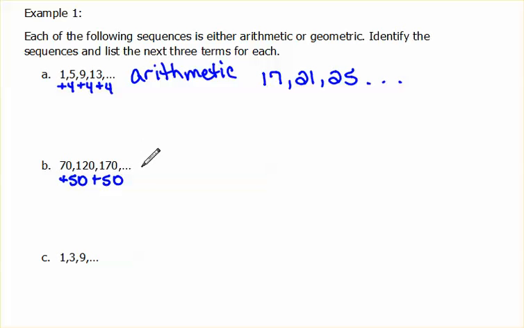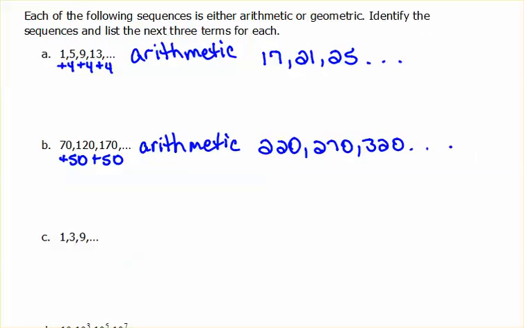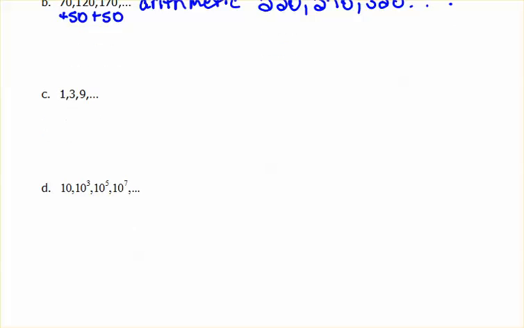So that makes this an arithmetic sequence. And if we were to keep adding 50, that would make our next few terms 220, 270, 320, and so on and so forth. All right, so hopefully you did the first 2 correctly. Let's see how you did on the second 2.